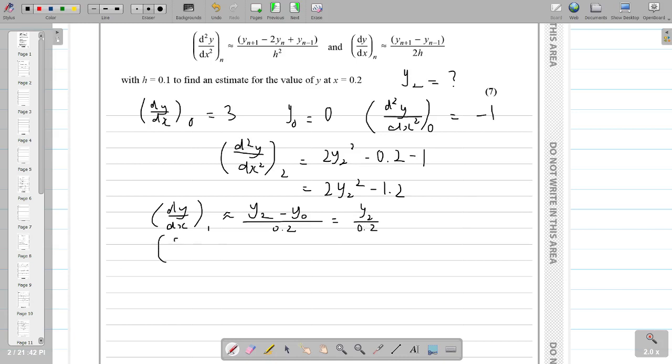Whereas d2y dx squared at 1 is y sub 2 minus 2y sub 1 plus y sub 0 over 0.01, which is equal to y sub 2 minus 2 y sub 1 over 0.01.